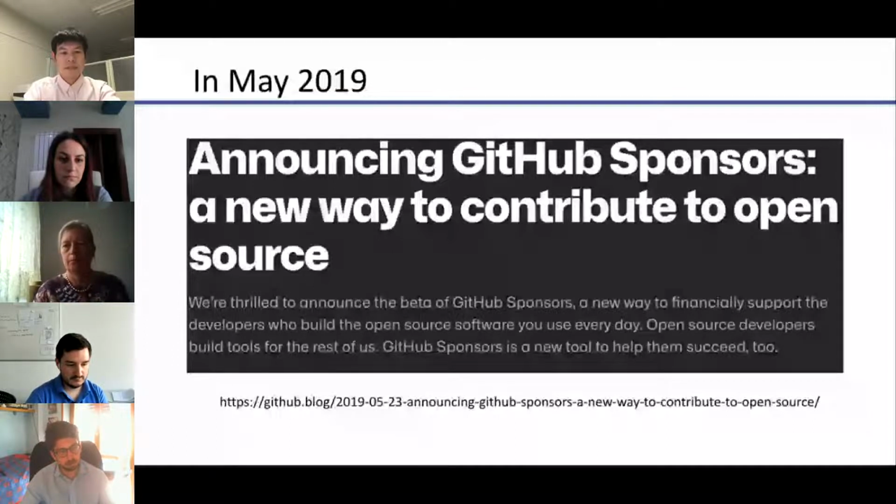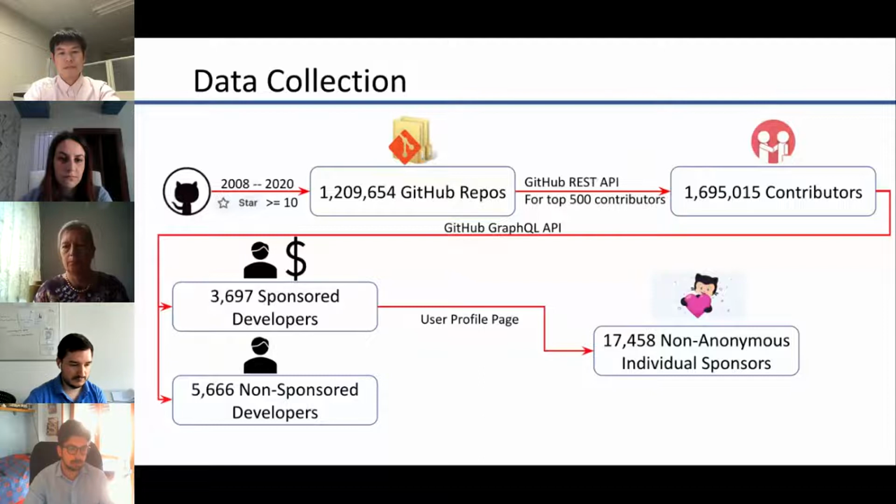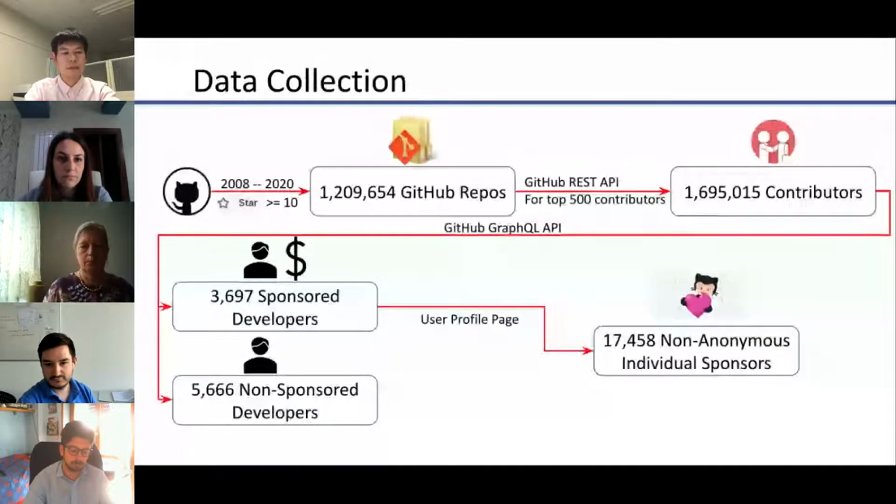Since there's no direct way to get the users who participate in GitHub Sponsors, we first examine repositories to get a list of contributing GitHub users from all contributors to the more than 1. We identified sponsored developers and non-sponsored developers who are seeking sponsorship but have not yet obtained it, as well as individual sponsors.